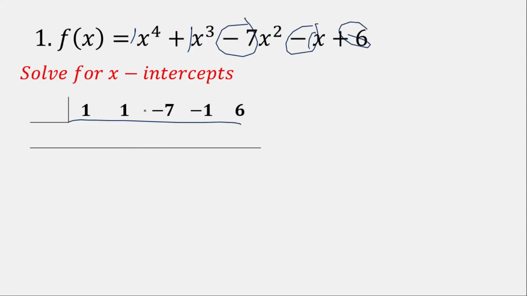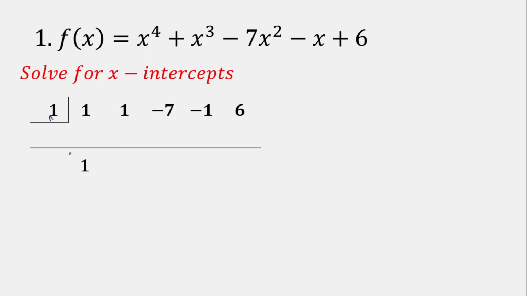So these are all of them. Then from the list of my possible zeros, I will choose a number. It is nice if you start choosing the least number so that it would be easy for you to do addition, subtraction, and multiplication. So in this one, I will choose 1.